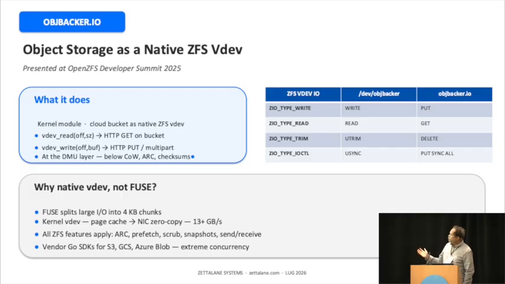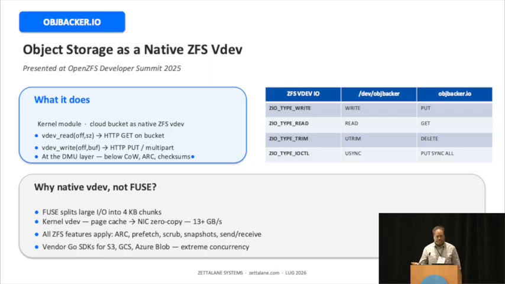It takes a ZIO directly from ZFS, and then passes it on to a user-level Go program called object backer. This object backer makes use of all these battle-proven Go SDKs supplied by the vendors.